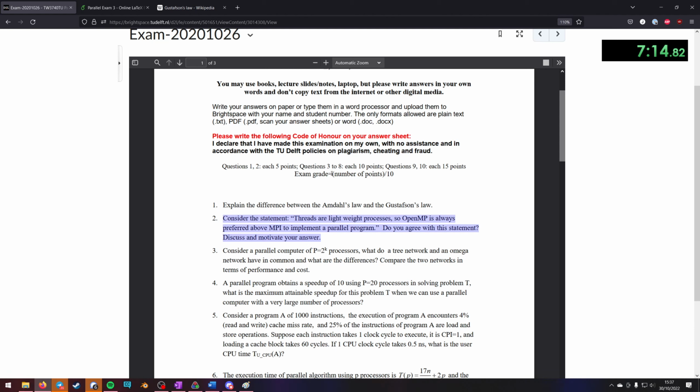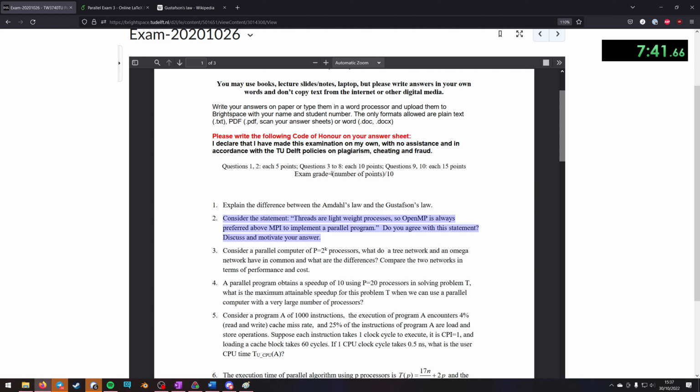OpenMP is always preferred above MPI. Do you agree with the statement? So when would MPI be better? I think in OpenMP you can have the case that there's a data race, and then MPI is a case. So that would be something.